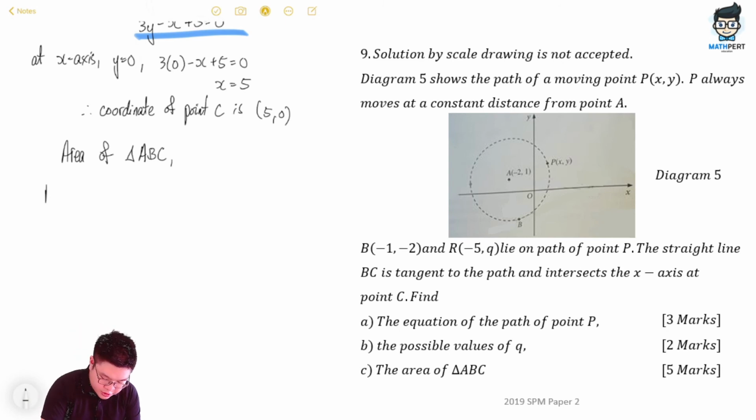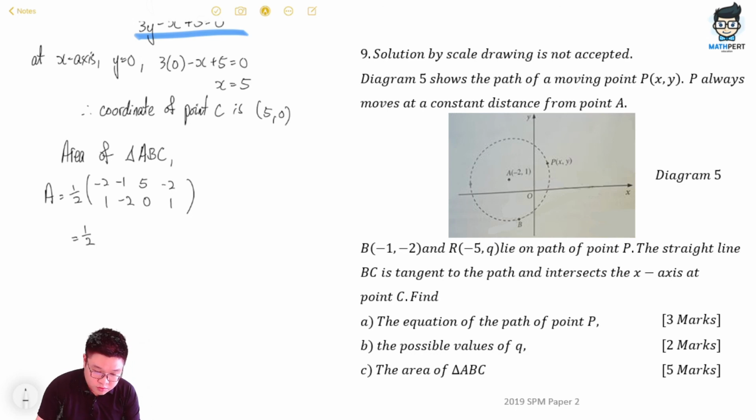So the area A equals half. Let's use point A first, negative 2 and 1. Then point B, negative 1, negative 2. And then point C will be 5, 0. And then don't forget to repeat your first point, point A, negative 2 and 1.